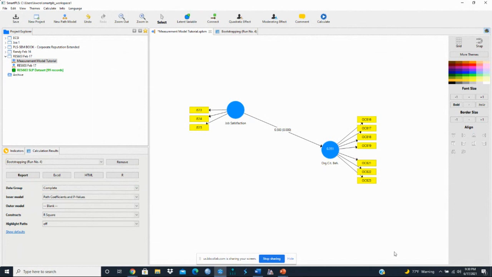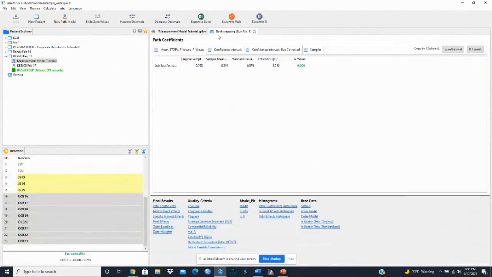So that's how you run the structural model. What you want to report, if we go back to the whole model, is to snap that model, take an image of it, and put that in your report. You want to report your R-squareds and your p-values.